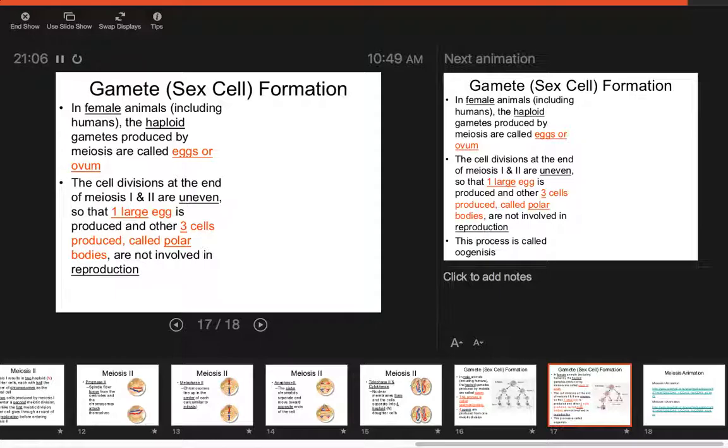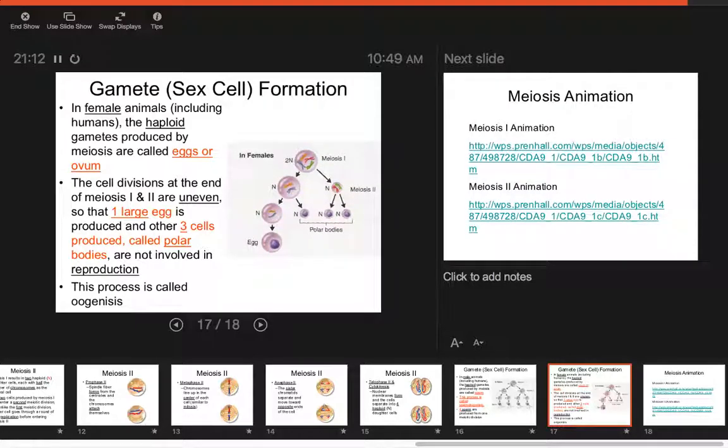More cytoplasm goes into one of the cells both times. So what you get is actually only 1 egg. You still get 4 cells. Don't think like, oh, Strouch, you just lied to us. I thought you said 4 cells happened. You still get 4 cells, but only 1 of them is a viable egg. The other 3 are called polar bodies, and they are just reabsorbed by your body. You never even know they're there.